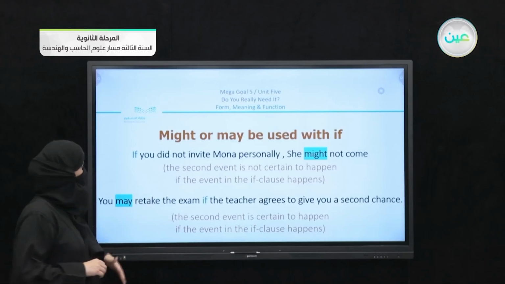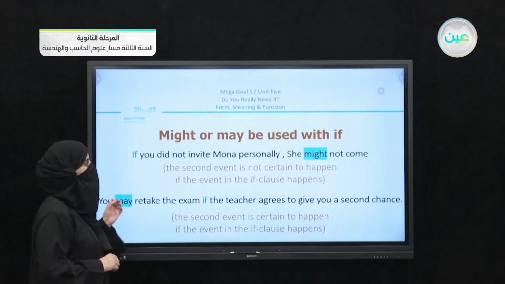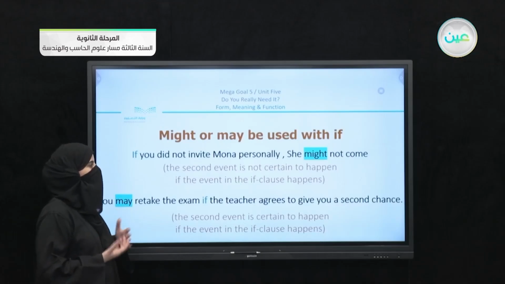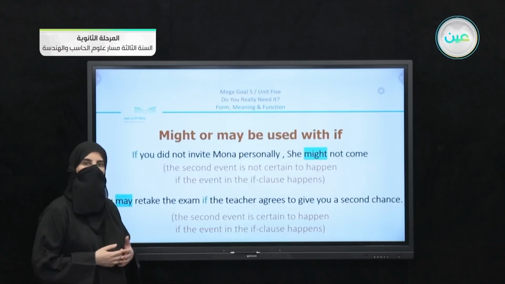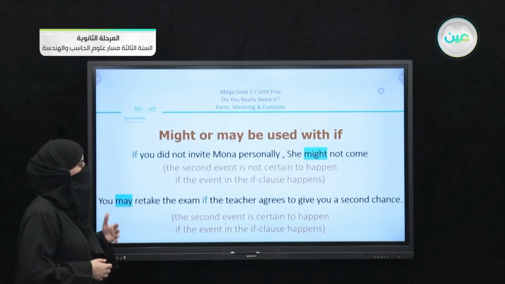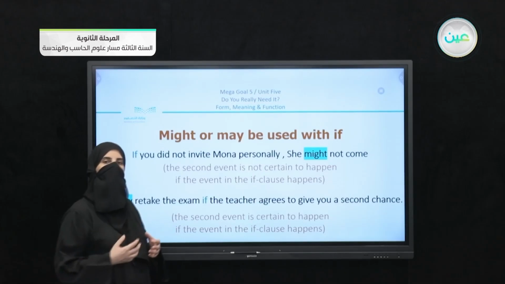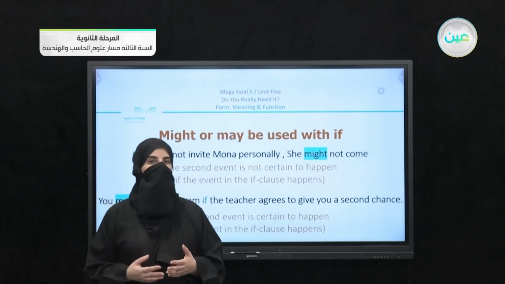And we do have another example. You may retake the exam if the teacher agrees to give you a second chance. Now, in the first example, the second event is not certain to happen if the event in the if clause happens. And in the second example, the second event is certain to happen if the event in the if clause happens. So here we do have a matter of possibility.